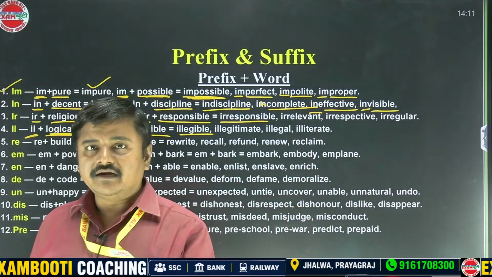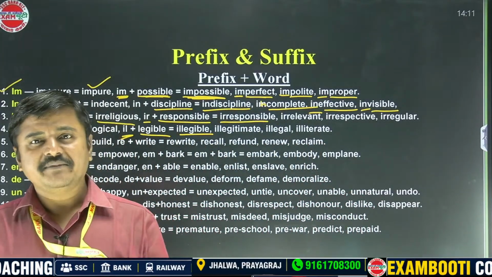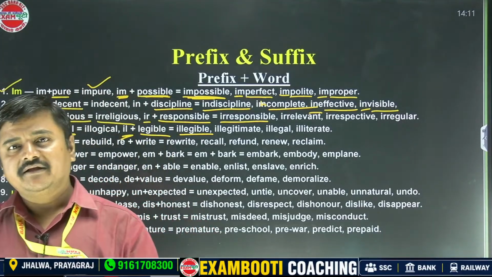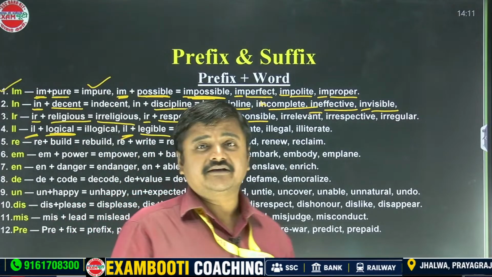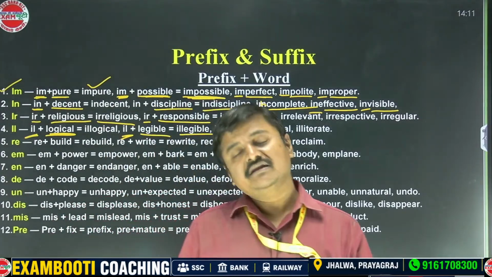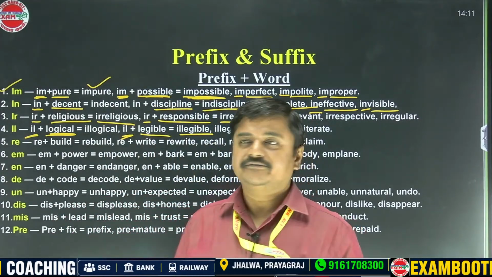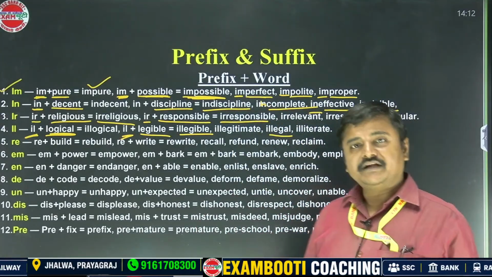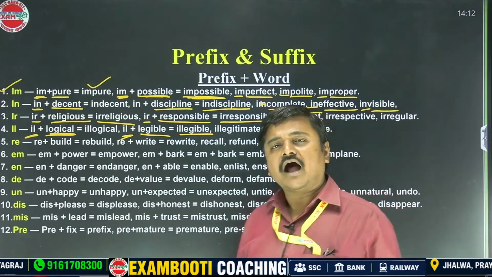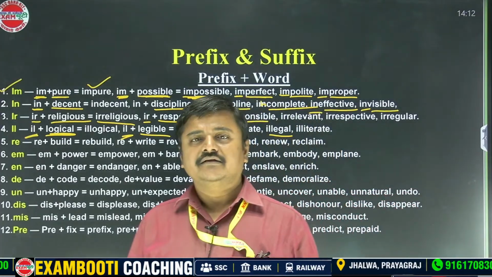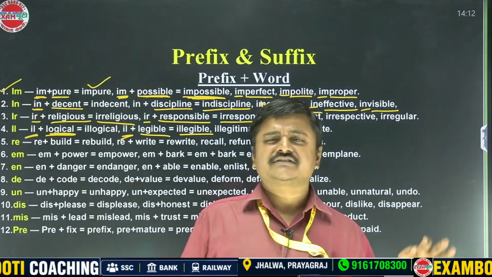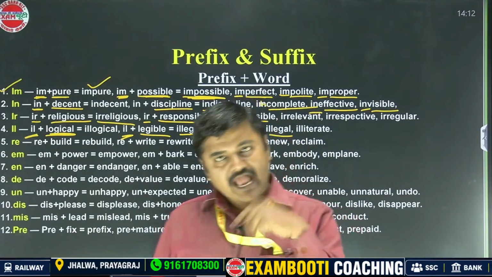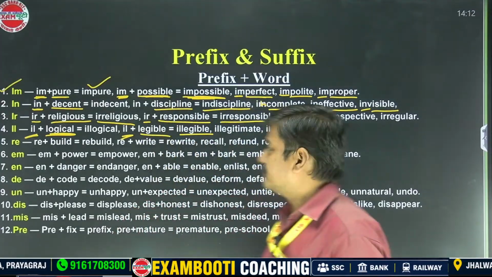We add IL to legitimate. Legitimate means legal. And you add IL to legitimate, the word we get is its opposite, illegitimate. It means illegal. Illegal is the word that is also formed by adding IL to the word legal. All these words are opposite of the original word in which we added the prefix.